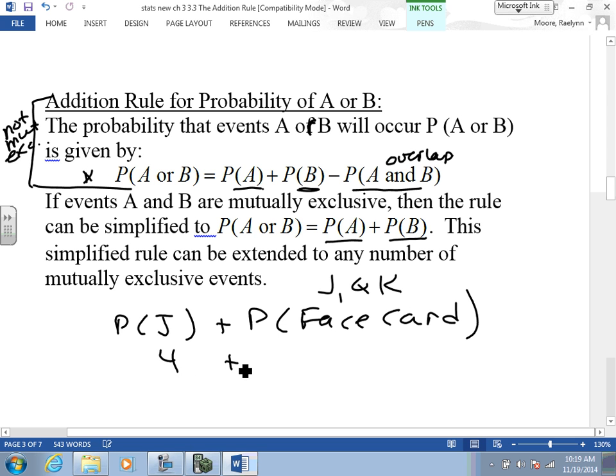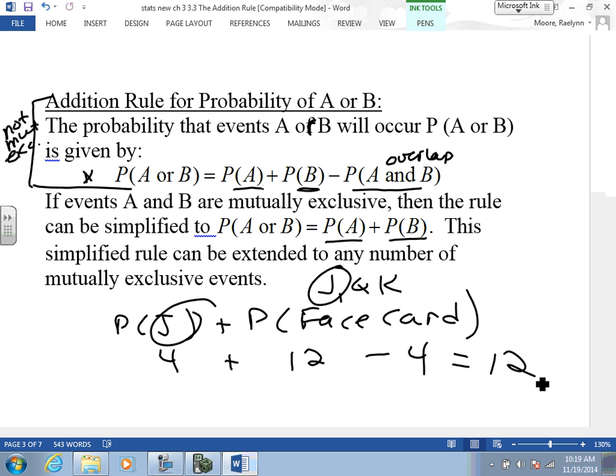How many face cards? But how many did we count twice? 4. I counted this here and here. I can't count them twice. So the answer would be 12. And "or" says to add them together.